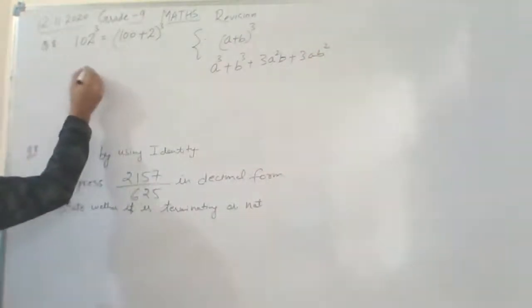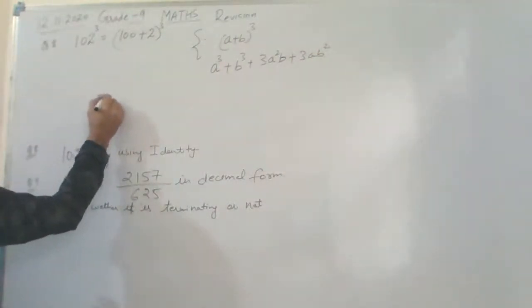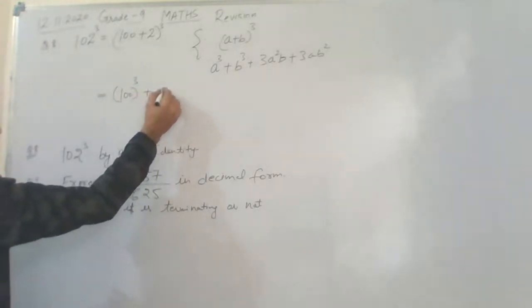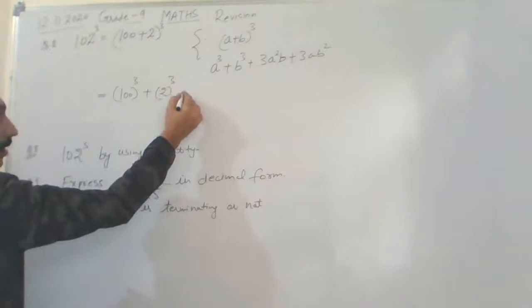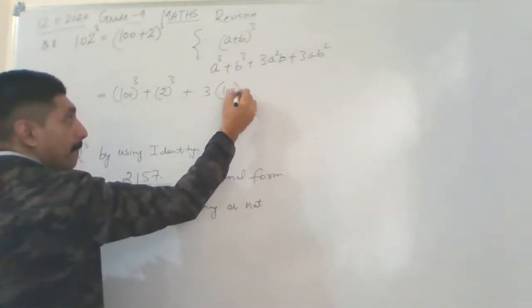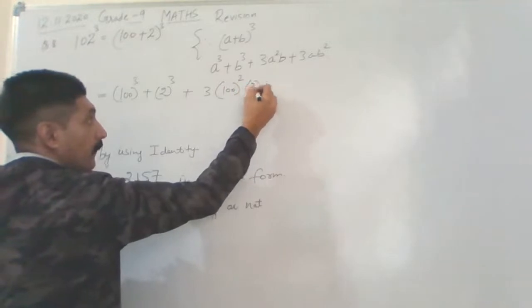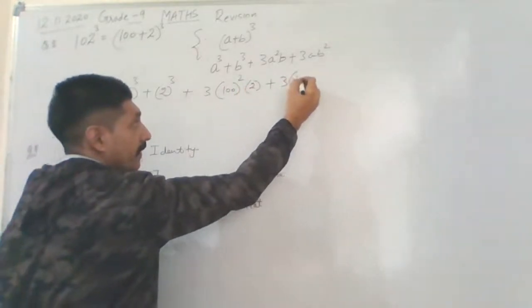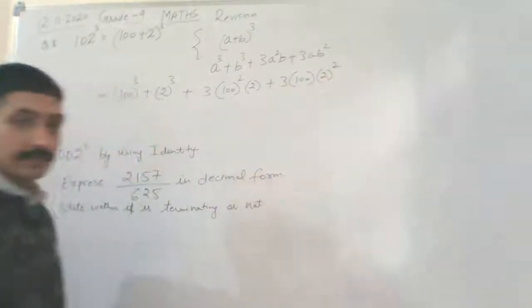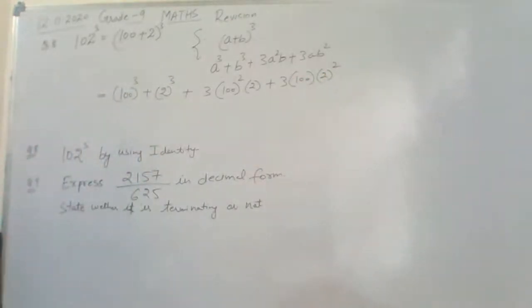So what is it? This is equal to the cubes plus 3 into the terms, plus 300 into whole square. Right?